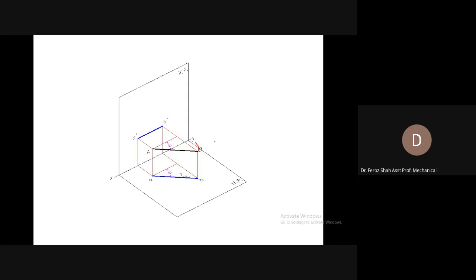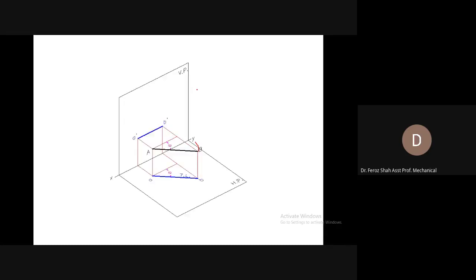If the top view of the line is true length, then it must appear at an angle phi with the XY line. In this case, the top view is the true length because the line is parallel to the horizontal plane. So this top view must appear at an angle phi with XY. The very moment one sees a shorter length in the top view, the apparent angle shall be larger than phi.